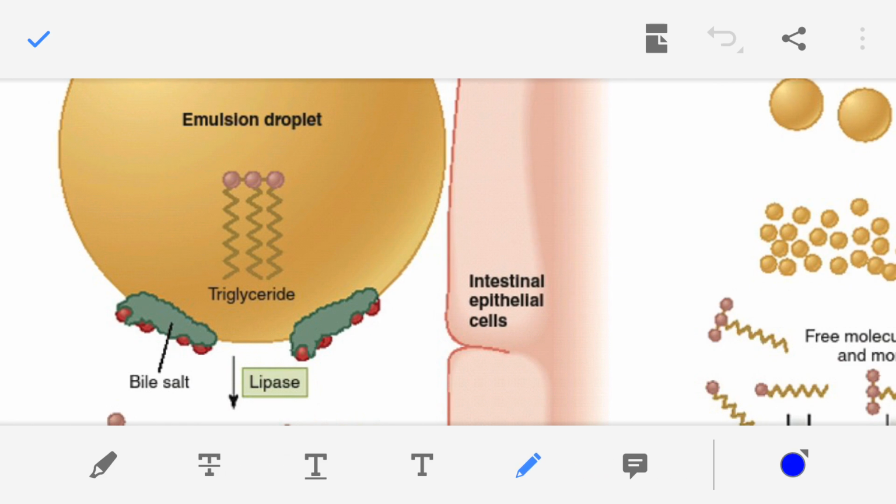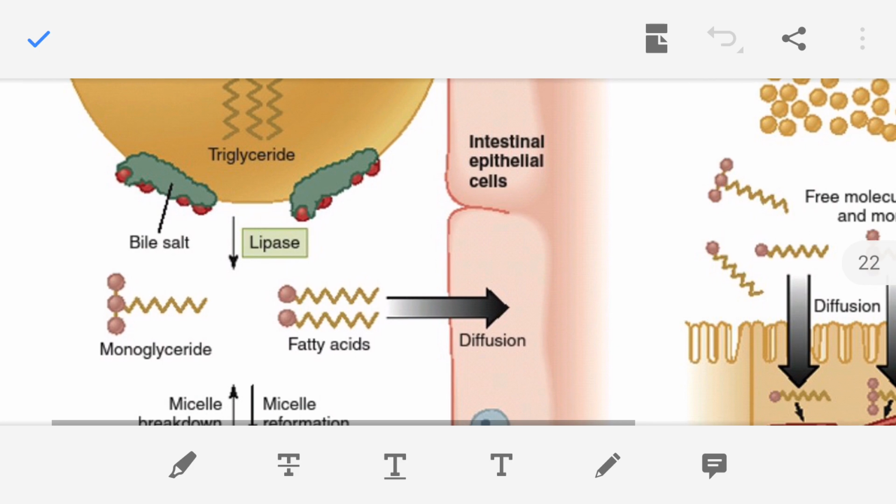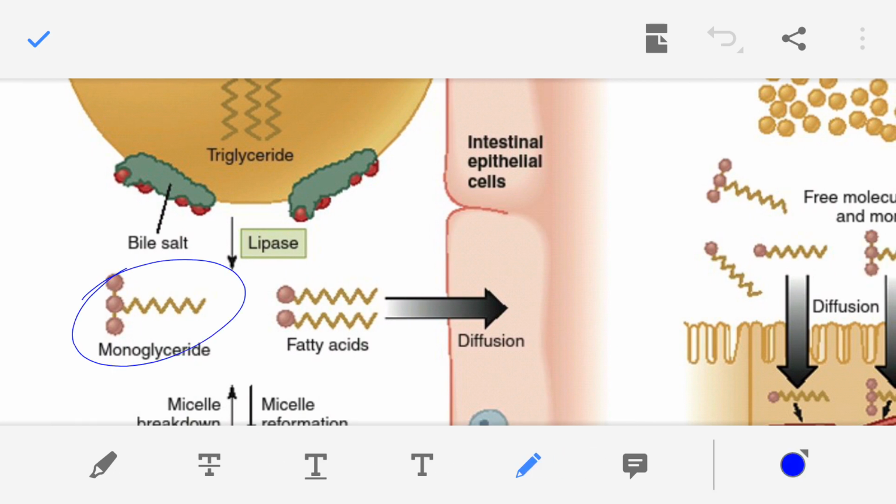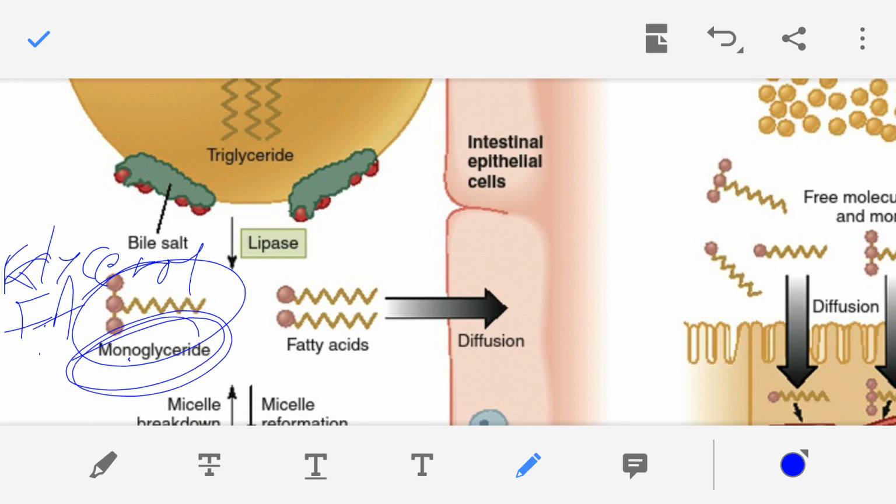Now this triglyceride is digested, broken down into monoglyceride. Now what is monoglyceride? Glycerol plus 1 fatty acid. Glycerol and 1 fatty acid are present in the structure of monoglyceride, and the remaining 2 fatty acids are released.